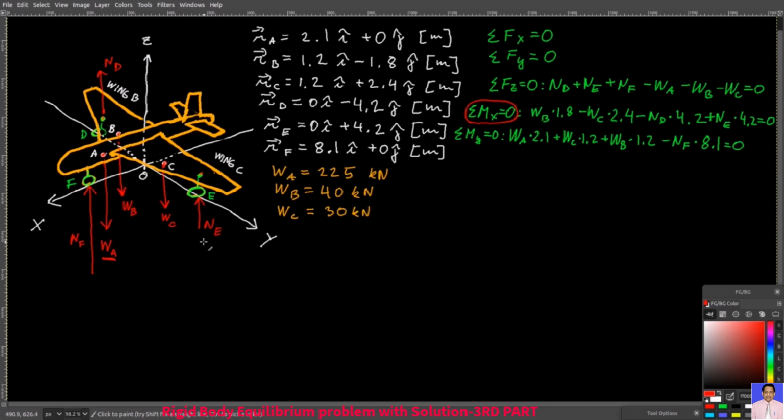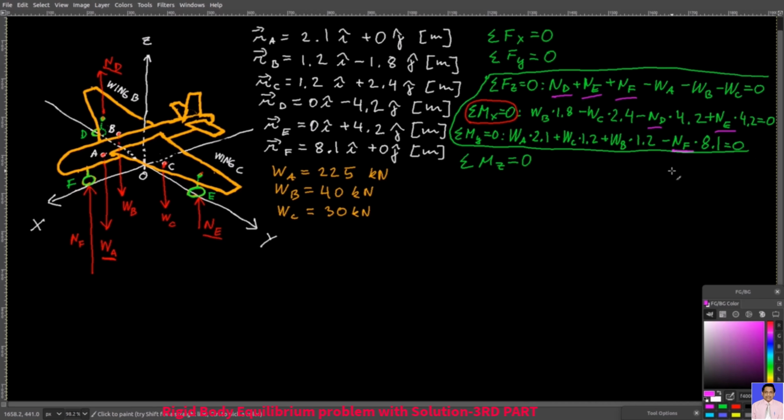And then the wheels NE and ND don't produce moments about y because there are no moment arms from the y-axis. Also, note that all forces are parallel to the z-axis. Thus, you have no moments about the z-axis. So you can ignore this condition here. And now, you have three equations here, and you have three unknowns.